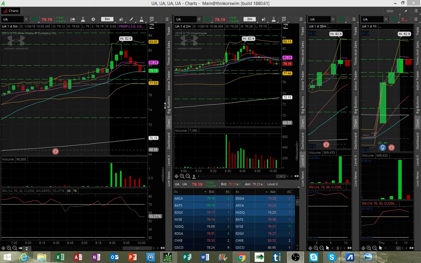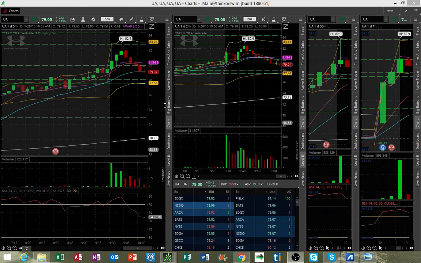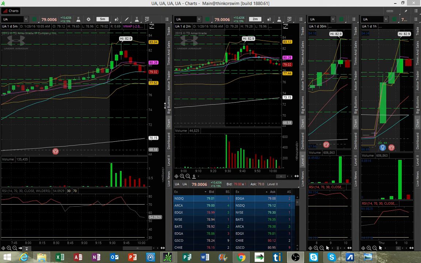But here's where being up on the trade, having locked in some profit, will allow you to sit back and let the trade work and make money for you. Now, obviously, this is a little bit harder to do if you don't have a large account. For the higher dollar tickers, it's going to be a lot harder. But next week, you'll see me taking lower dollar tickers.